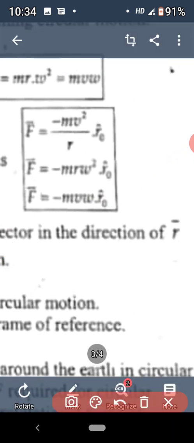This negative sign indicates that this force and this unit vector r0 cap are opposite to each other.